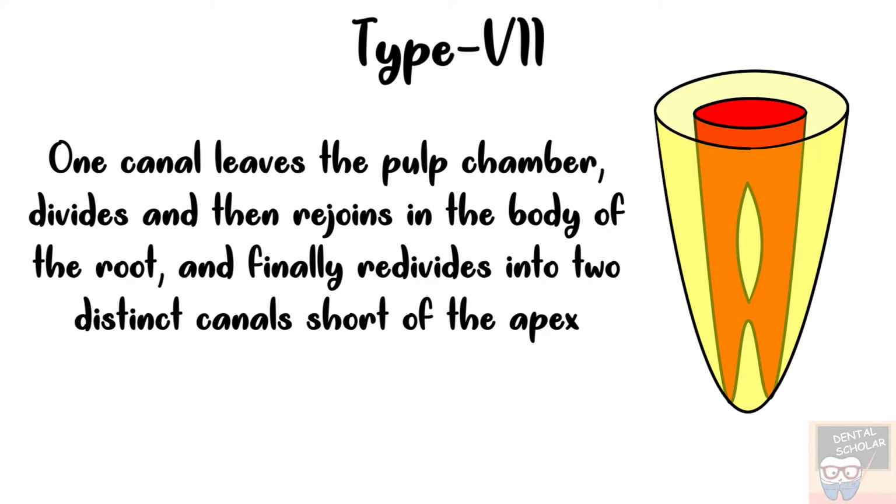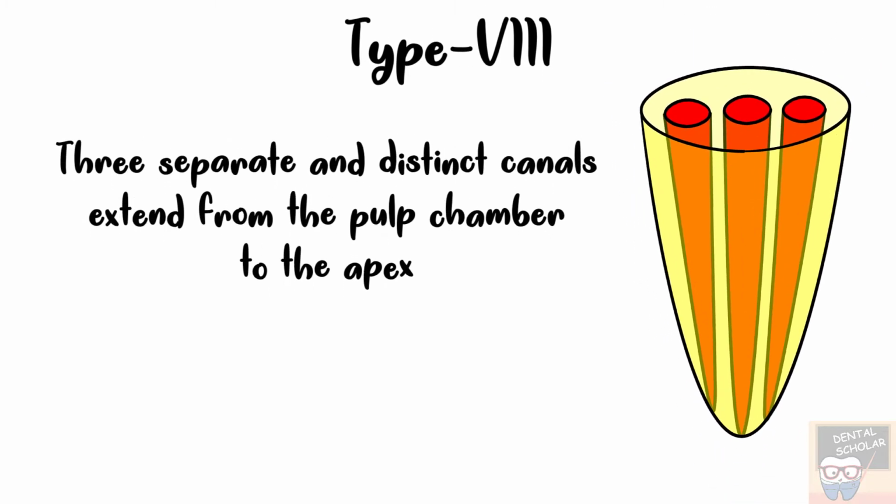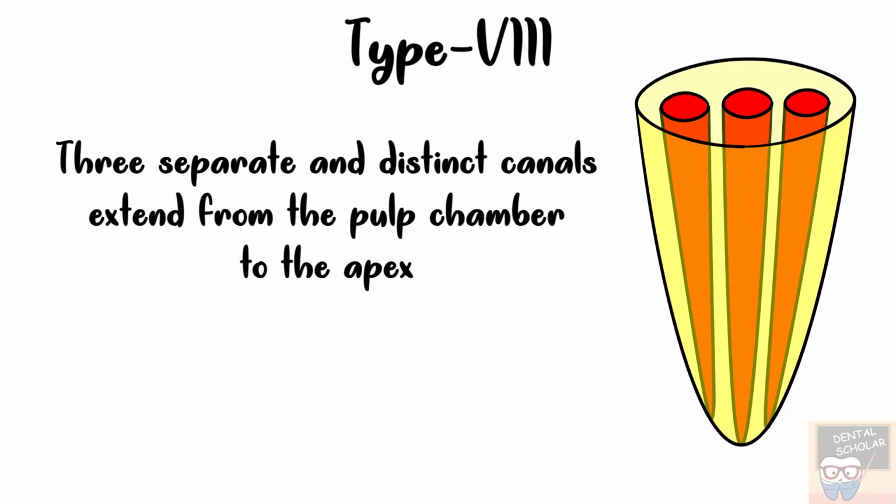So it starts as a single canal in the chamber and it exits at the apex via two apical foramen. In type 8, three separate and distinct canals extend from the pulp chamber to the apex.